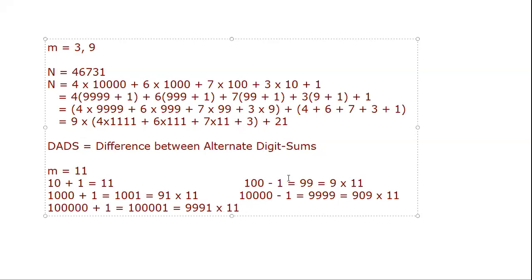And for the even powers of 10, if you subtract 1, you get a multiple of 11.